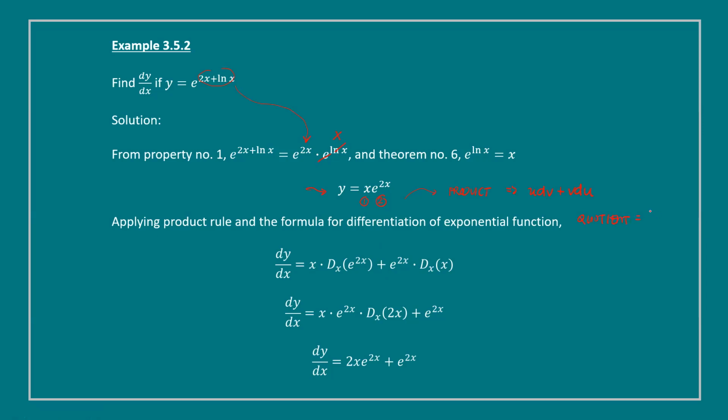Quotient rule is v du minus u dv over v squared. You're going to use the formula for your derivatives. Okay? So, as you can see, this one is the product rule of differentiation.